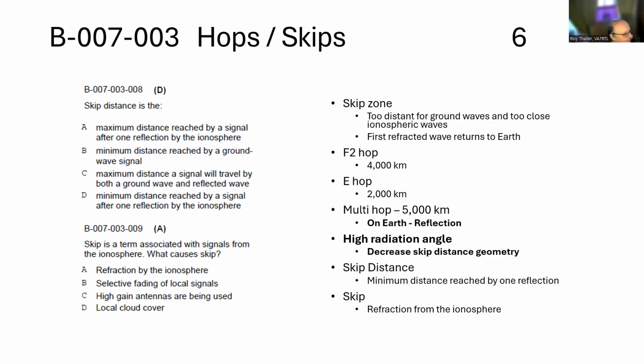We have the skip zone, now we have the skip distance, and the skip distance is the minimum distance required by a signal after one reflection by the ionosphere. Skip is a term associated with signals from the ionosphere. What causes the skip? So here the correct answer is refraction by the ionosphere.